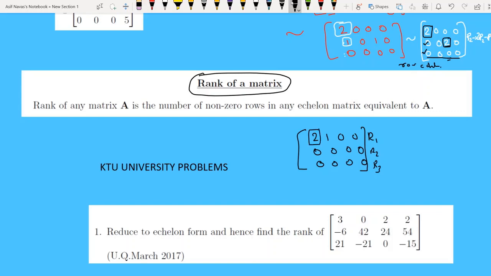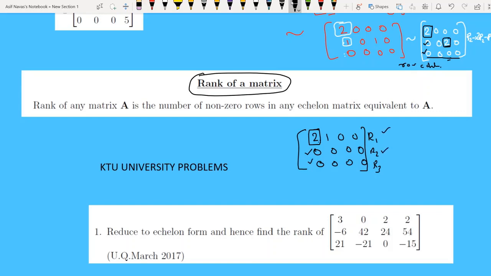So this is the first non-zero leading entry. Now you have to check whether in that column below the pivot every element is 0. Okay, so here both are 0. Now you get one pivot from row 1.